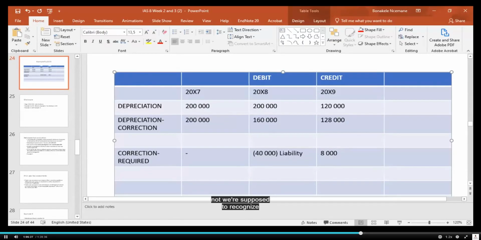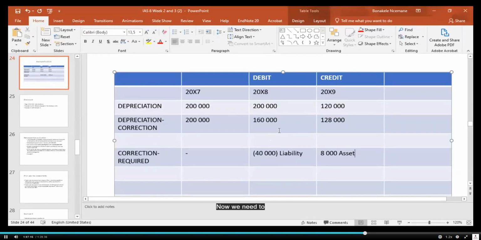Notionally, we're supposed to recognize 128,000, and we know an expense reduces our profit before tax, essentially reducing the amount that is supposed to be taxed by the revenue. In that case, the difference would be an asset because it is less than what we recognized. Previously, we recognized more than we're supposed to recognize.